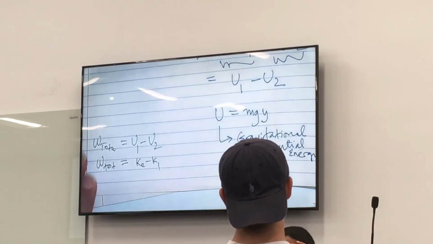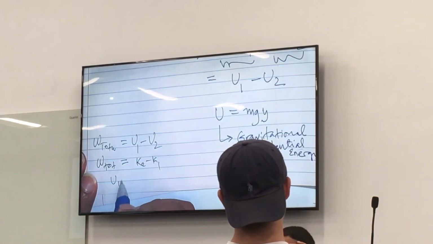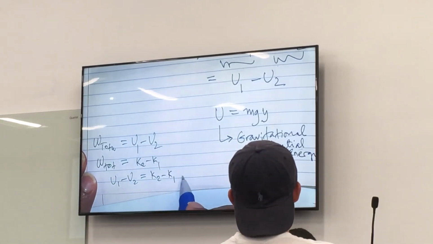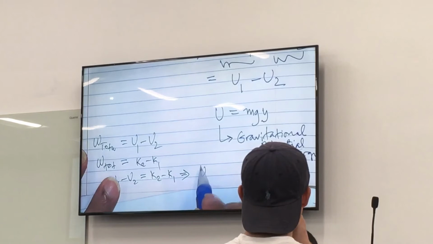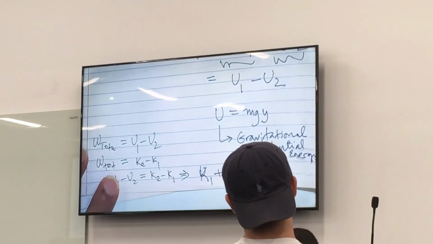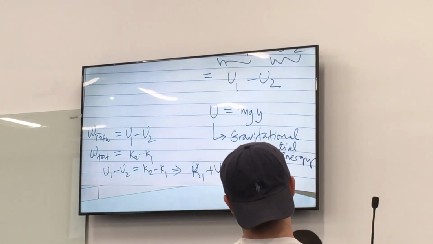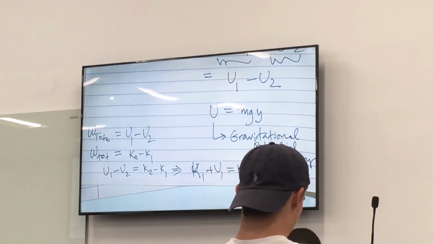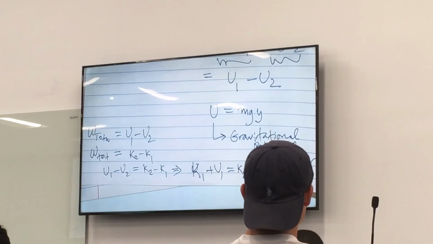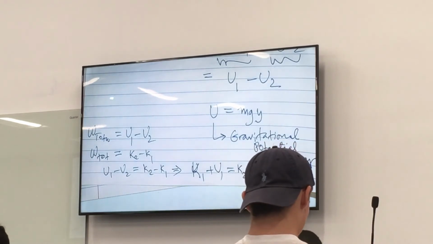So you can write U1 minus U2 equal to K2 minus K1, and that also means that K1 plus U1 equal to K2 plus U2. So this means that if you add the kinetic energy with the potential energy, it is conserved. It's the same in one place versus the other place, okay?